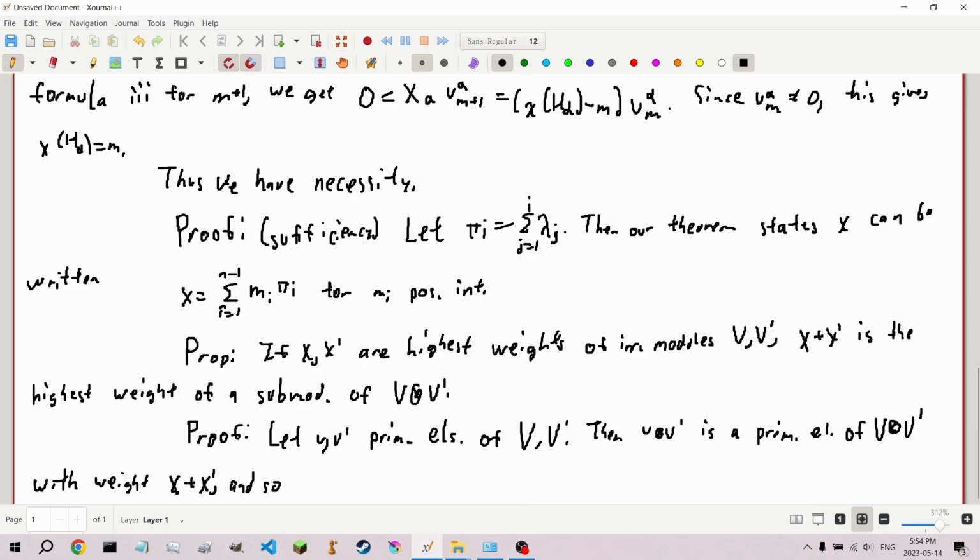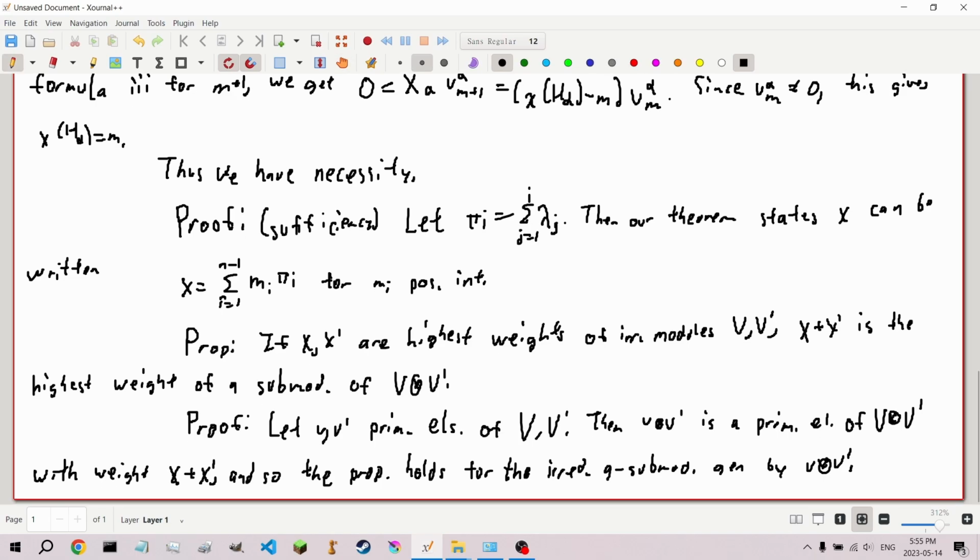And so the proposition holds for the irreducible G submodule generated by v tensor v prime.